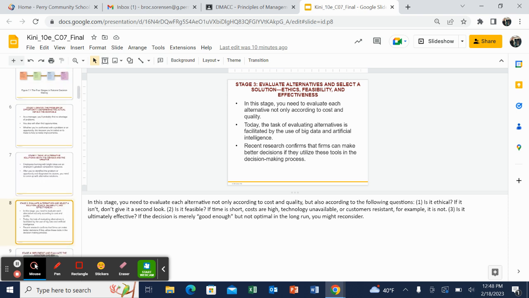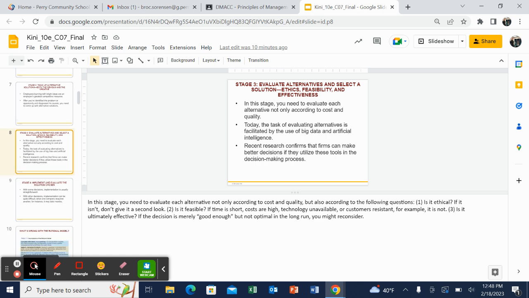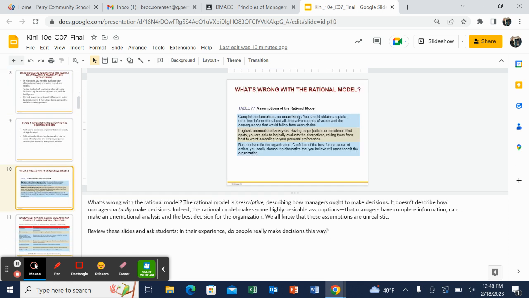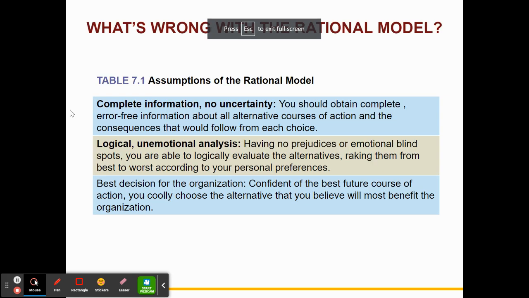I definitely encourage you to look at slides 5 through 9 in terms of the 4 stages that we just broke down. But then we go to slide 10 here, and these really become our 3 issues with the rational decision making model.